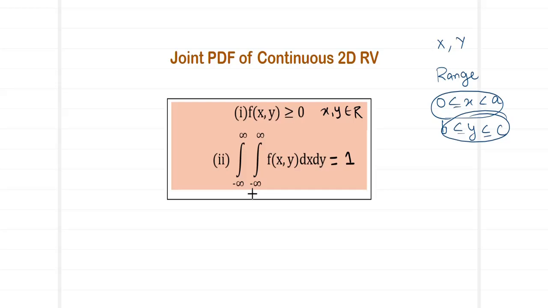So the first integral varies for your x, the second for your y. So you integrate once with respect to dx and the second time with respect to dy. And the total value of both the integrations, the double integral, must be equal to 1. If these two criteria are satisfied, then the function f of x comma y is defined as the joint PDF of the random variables x and y.